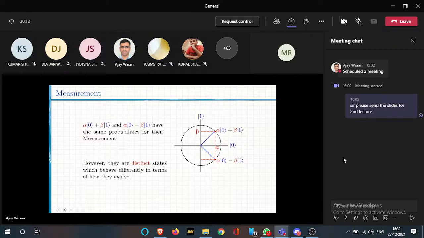However, they are distinct states which behave differently in terms of how they evolve. The probability is the same. So have you got the point of whatever I want to say here? Yes, sir. Okay.